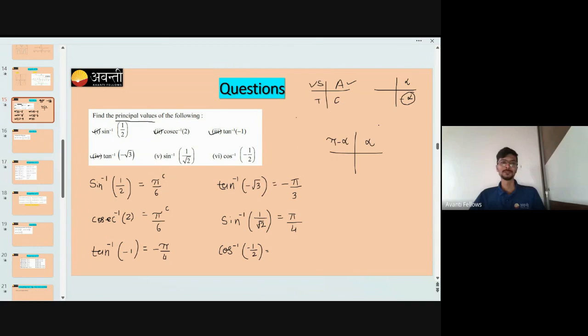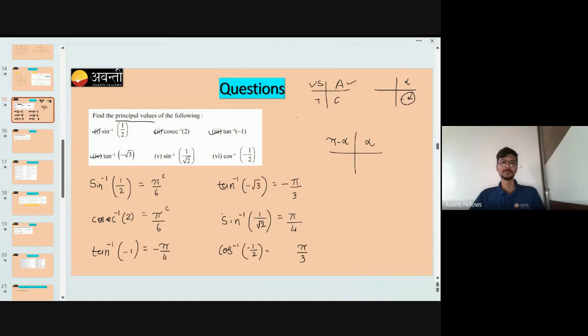So, to get the corresponding angle in second quadrant, again, we need first quadrant angle alpha. And for first quadrant angle alpha, we ignore the negative sign. So, cos inverse of half. Which angle gives cos inverse of half? It is 60 degree, which is pi by 3 radians. But remember, I want cos inverse of minus half.